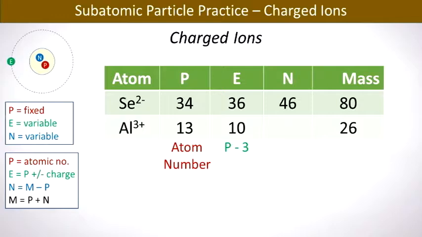To obtain the electrons, because this is a positive charge, we must subtract the number of lost electrons from the number of protons to give us 10. To obtain the number of neutrons, we subtract the number of protons from the mass number to obtain 13 neutrons.